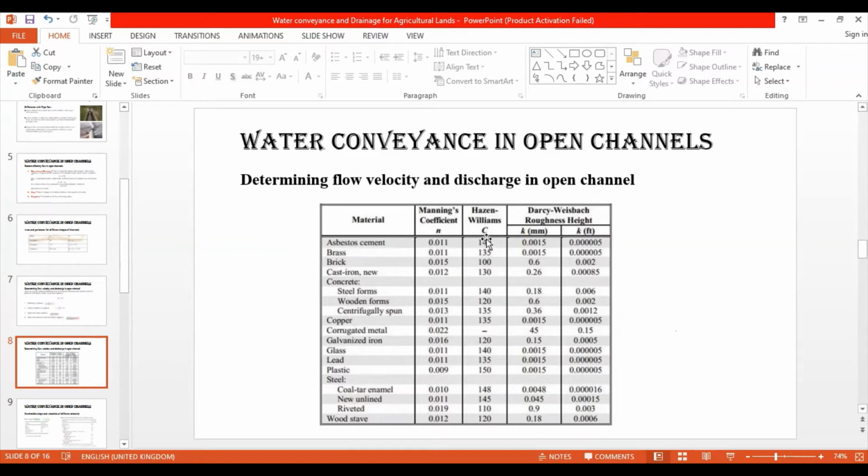You also have the C coefficients for different materials, as well as the K values for different materials. Using this, you can now fit them in the equations and be able to calculate the flow rate.